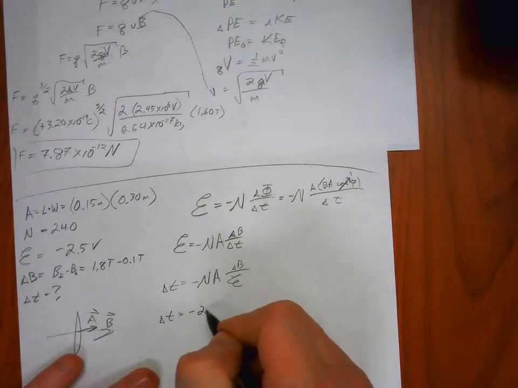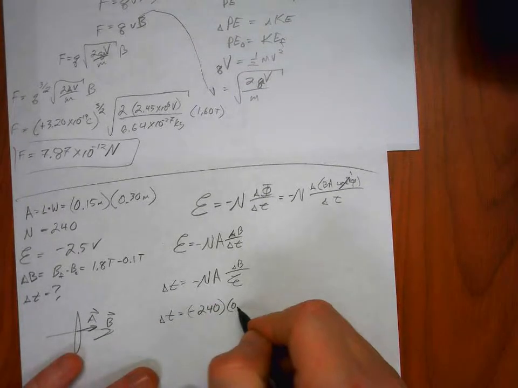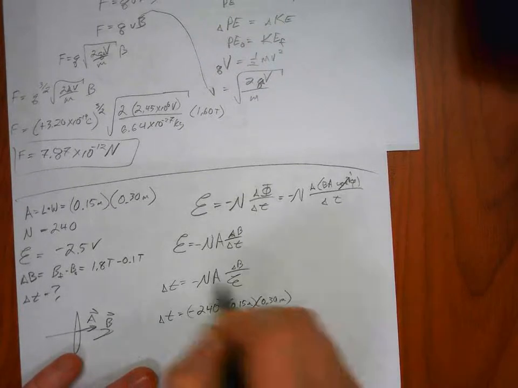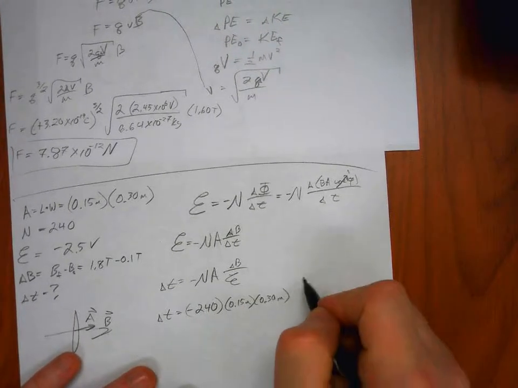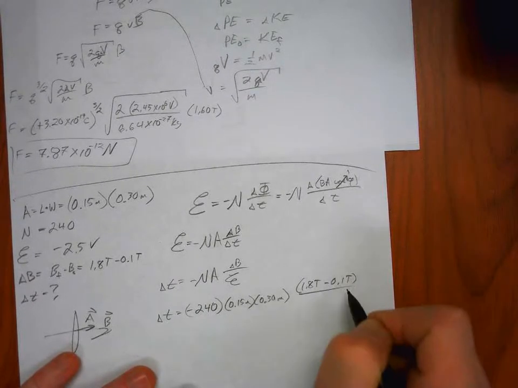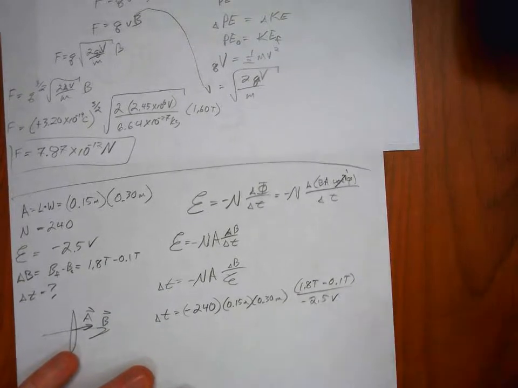Negative 240 loops times the area, which is 0.15 meters times 0.30 meters, times the change in B, which is 1.8 Tesla minus 0.1 Tesla, over the induced EMF, which is negative 2.5 volts.